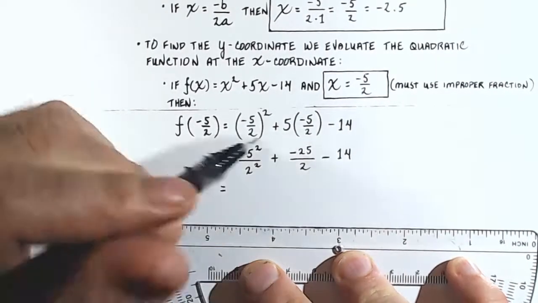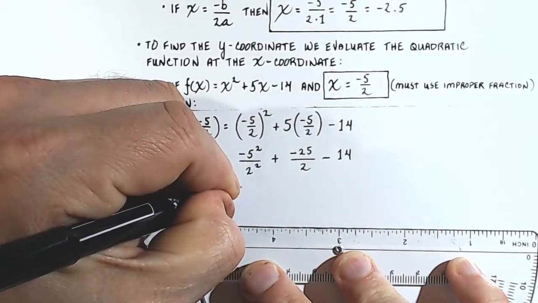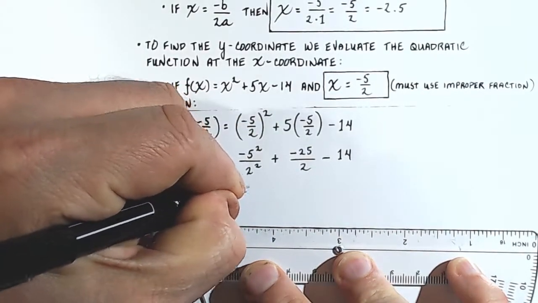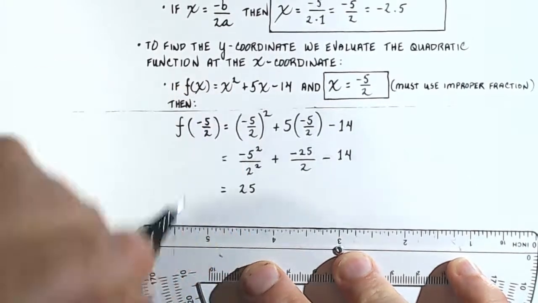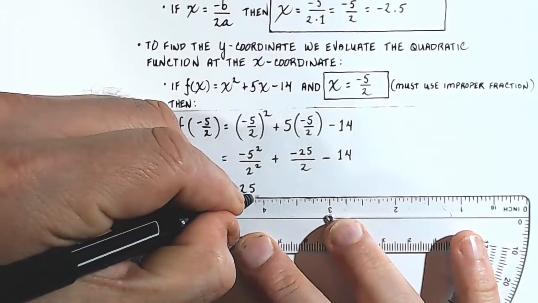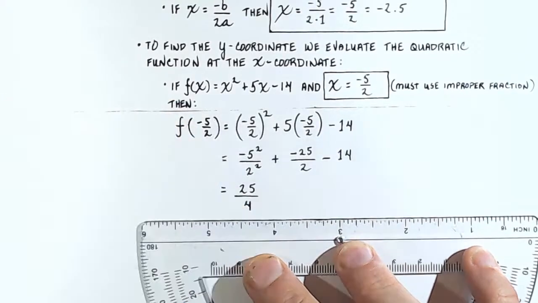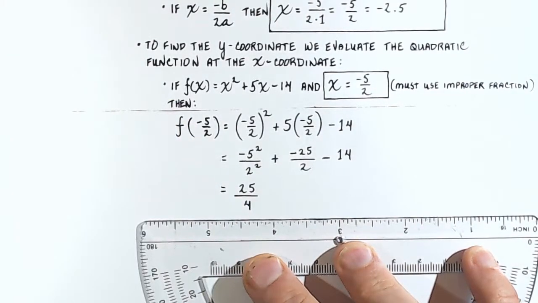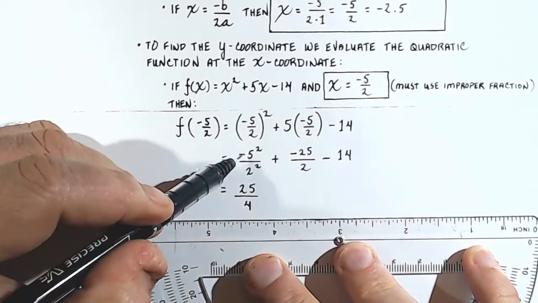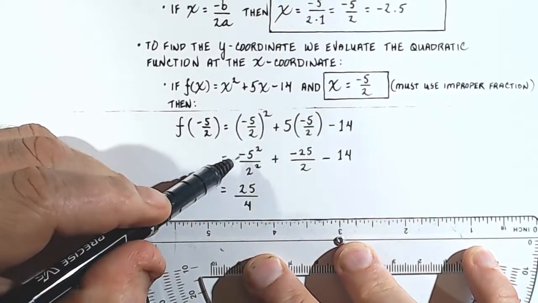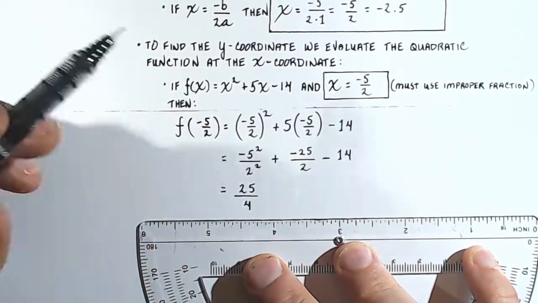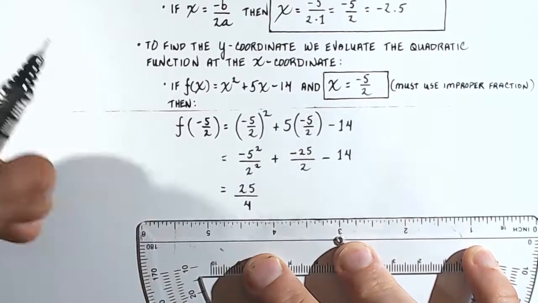It's going to be 25. So in the numerator, I put 25 over 2 squared, which is 4. And just to focus in on this negative 5 squared, it's negative 5 times negative 5, and that's why we get positive 25.